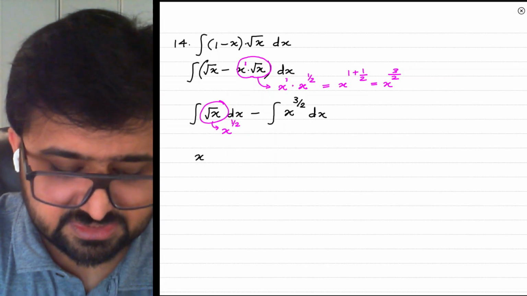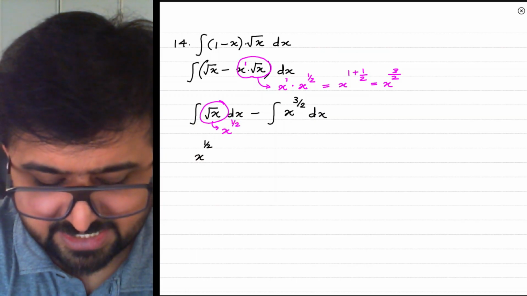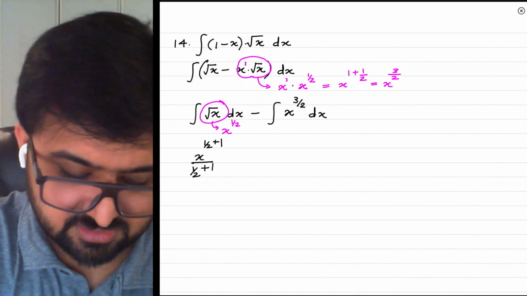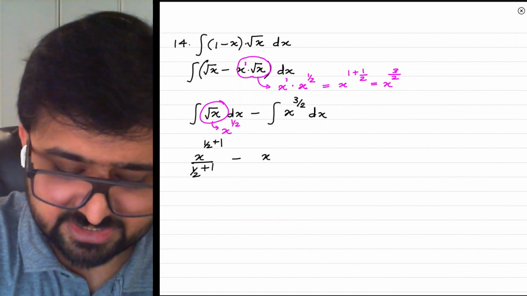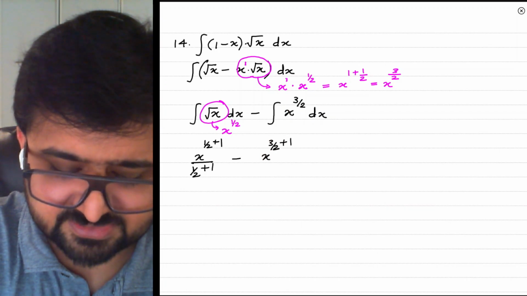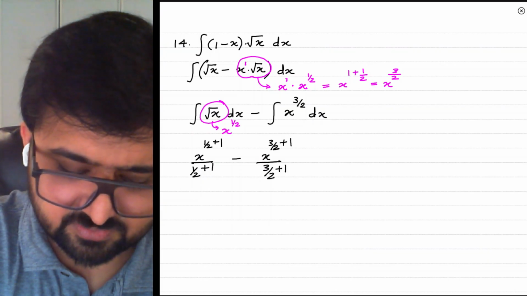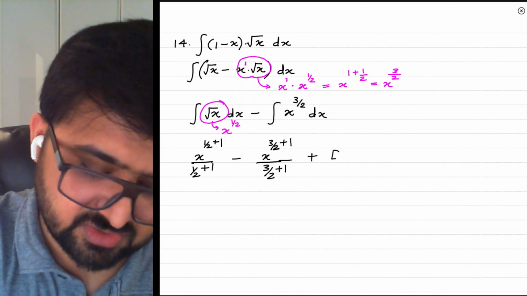Now, if you try to integrate, you can simply apply the x to the power n formula. We know integral of x to the power n is x to the power n plus 1 over n plus 1. So you get x to the power half plus 1 over half plus 1, minus x to the power 3 by 2 plus 1 over 3 by 2 plus 1, plus c constant.